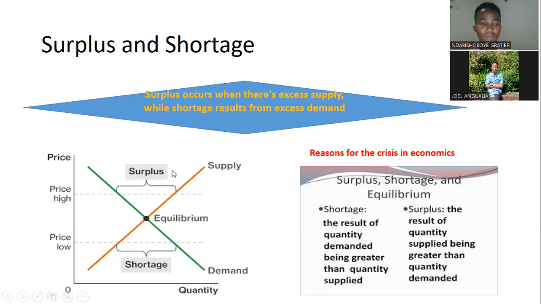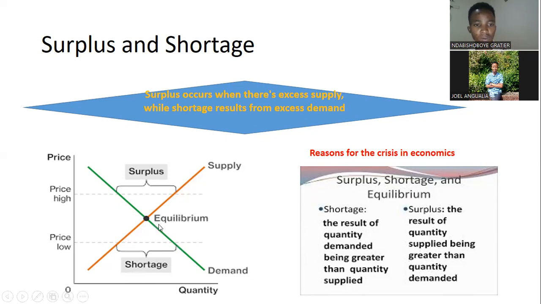As you can see here from the graph, surplus is that time where supply is in excess, exceeds demand, and below which is shortage, when demand is at a higher point than supply.